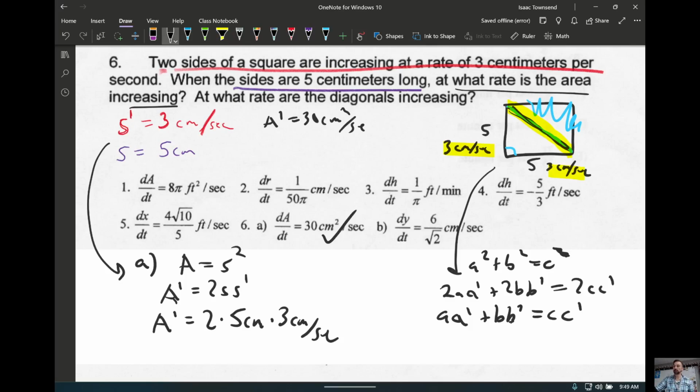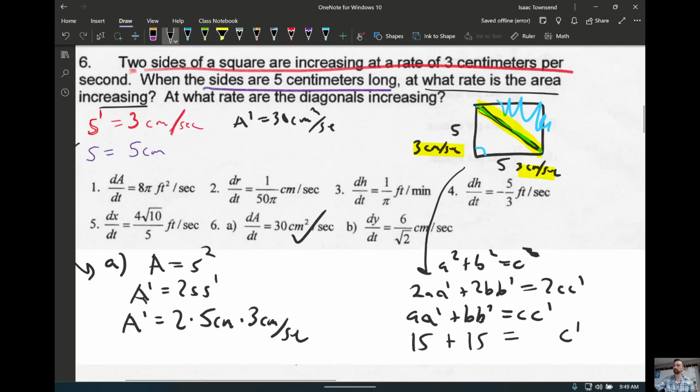So notice when you start plugging this in, this length is 5 and its rate is 3, so that's 15. This guy is 5, his rate is 3, that's 15. C, I can find with Pythagorean theorem. 5, 5. You could do Pythagorean theorem, but I can cheat. I know how to do that. It's 5 square roots of 2.